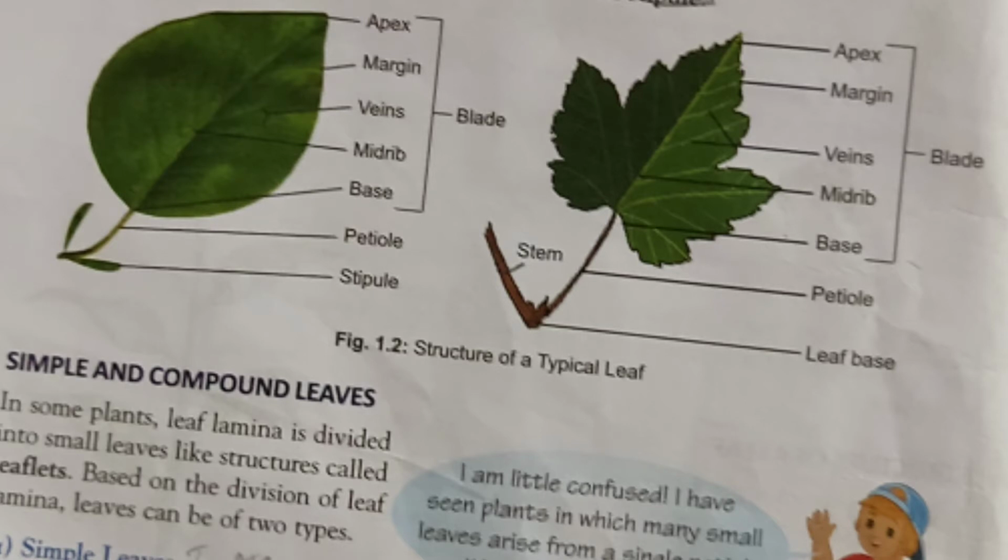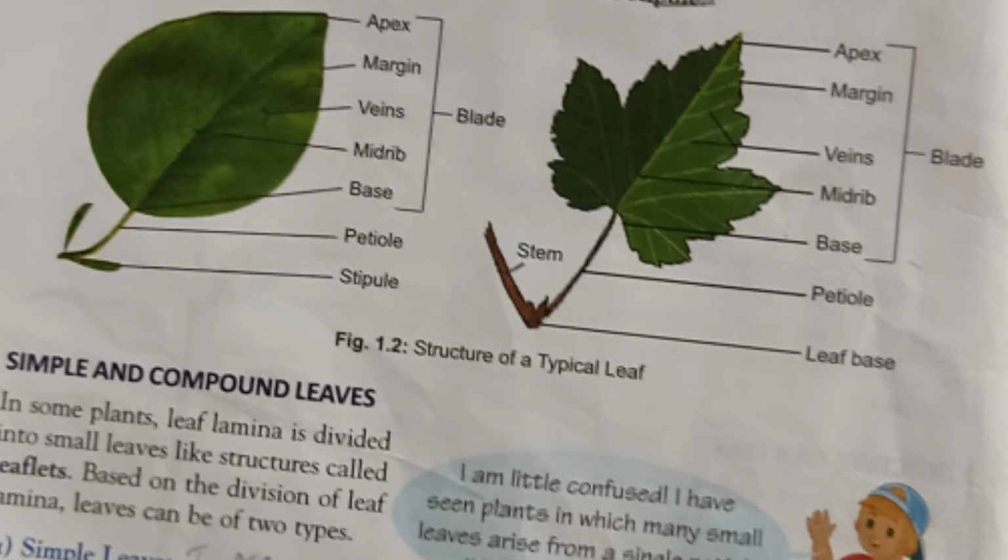Number 5 is the leaf base. A small swollen portion at the end of a petiole is called the leaf base. The leaf is divided into many parts, that is apex, margin, veins, midrib, base. So these are all called the blade.